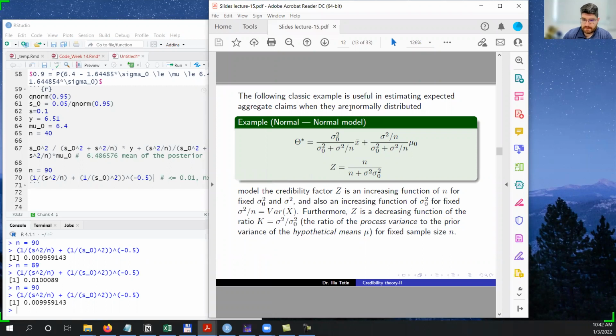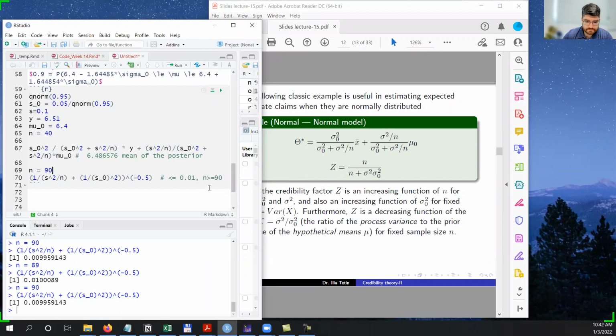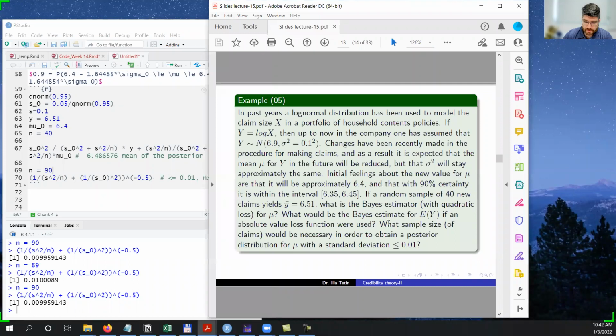All right. Any questions so far? So we were dealing with what would be the Bayes estimate if the absolute value loss function were used. We assume the normal prior for mu, and we set the prior distribution with mu equals 6.4 and sigma squared 0.03.